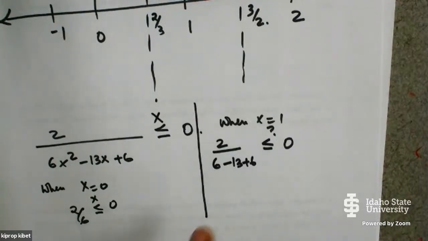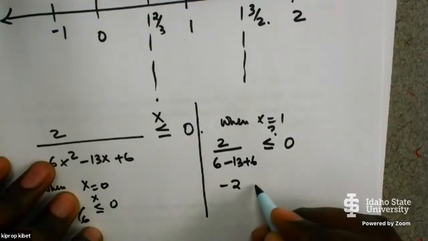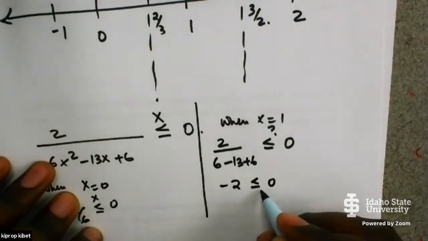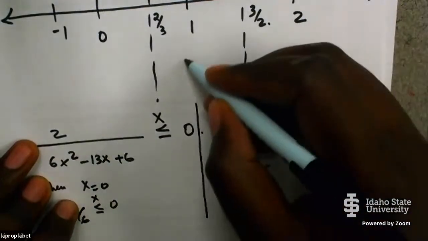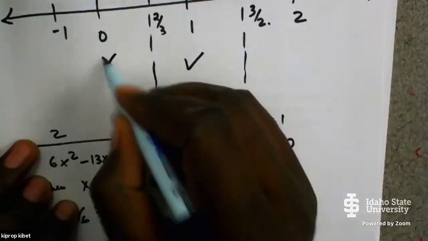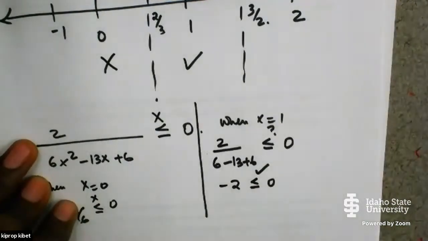So 6 plus 6 is 12, and 12 minus 13 is negative 1. So negative 1 is less than or equal to 0. Yes, so this region is included. So let's come to the last one there.